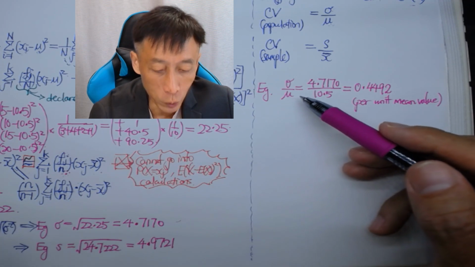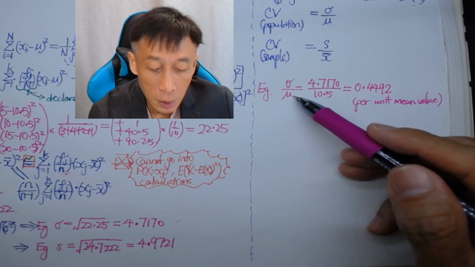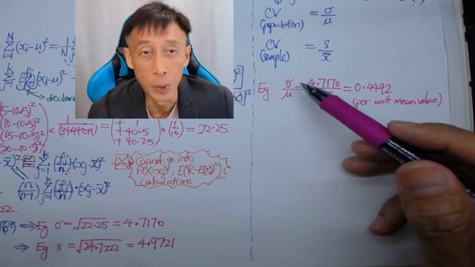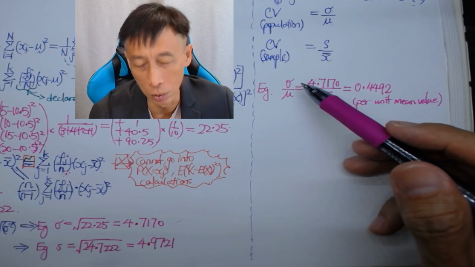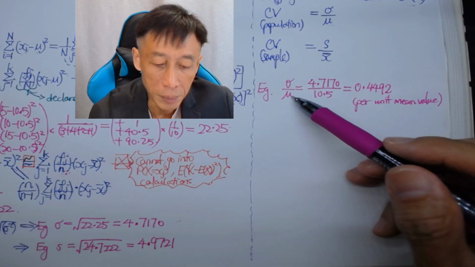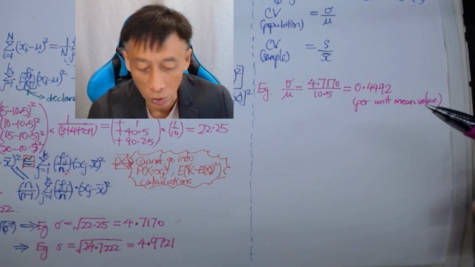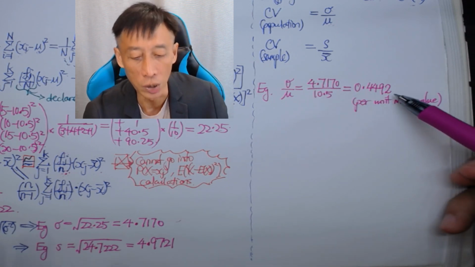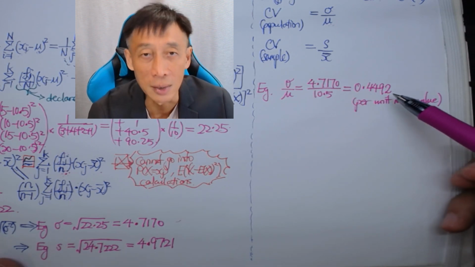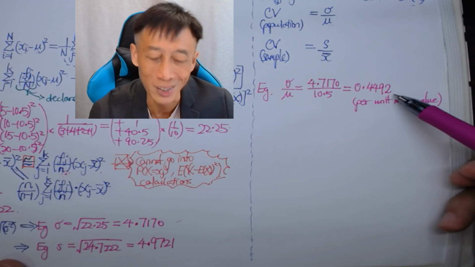So for DBS stock price, it's dollars. Standard deviation will be 40 cents or $0.40. Mean value, $40. So the dollar and dollar will cancel out to give just an index number, or we can call it 44.92%.